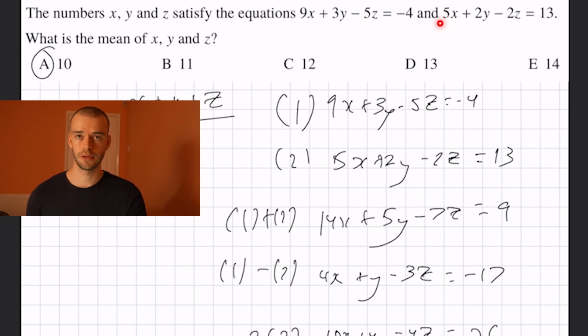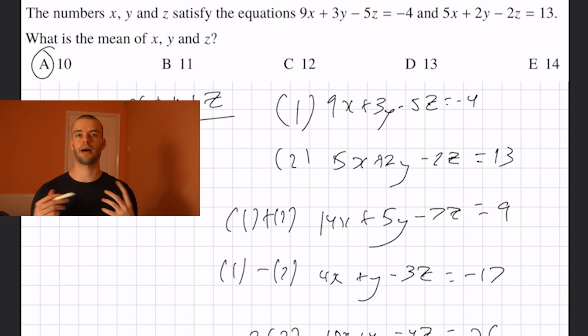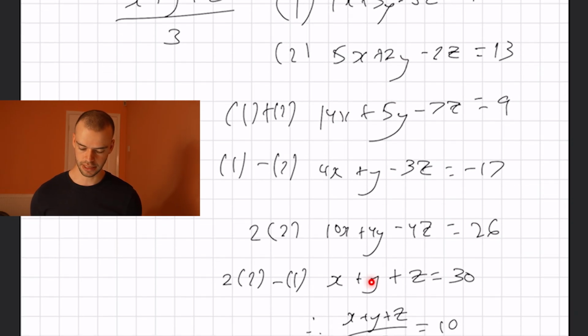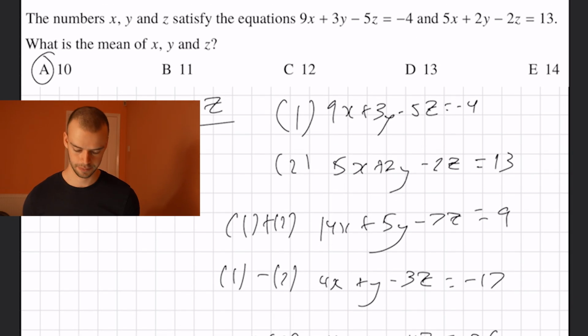For example, 5 times 2 is 10, which is 1 more than 9. 2 times 2 is 4, which is 1 more than 3. And minus 2 times 2 is minus 4, which is 1 more than minus 5. So you need to sort of spot that pattern, or do it by trial and error, in order to then get x plus y plus z by itself, like we did.